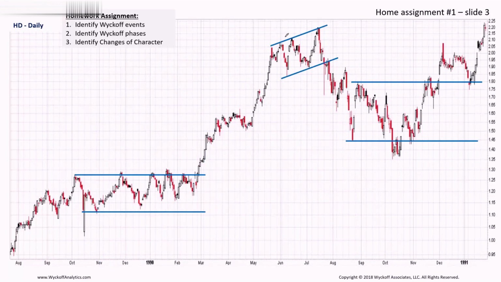Okay, let's go and look at the distribution range. So what catches your eye there? It's an upsloping trading range. That's the first feature that strikes me. And after that is the buying climax.